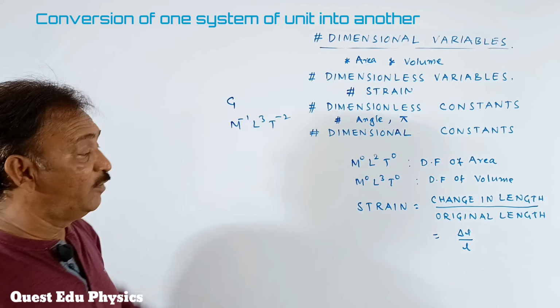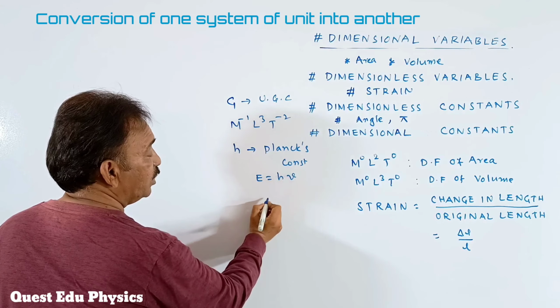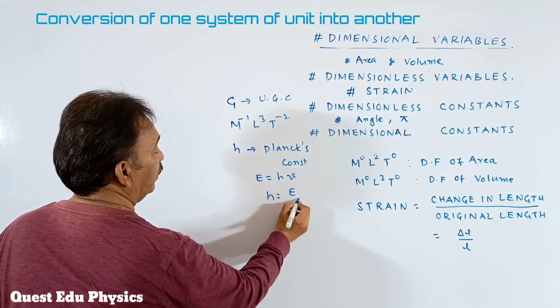In the same way, we talk about h, the Planck constant. You know it can be had from the equation E = hν, so h = E/ν.